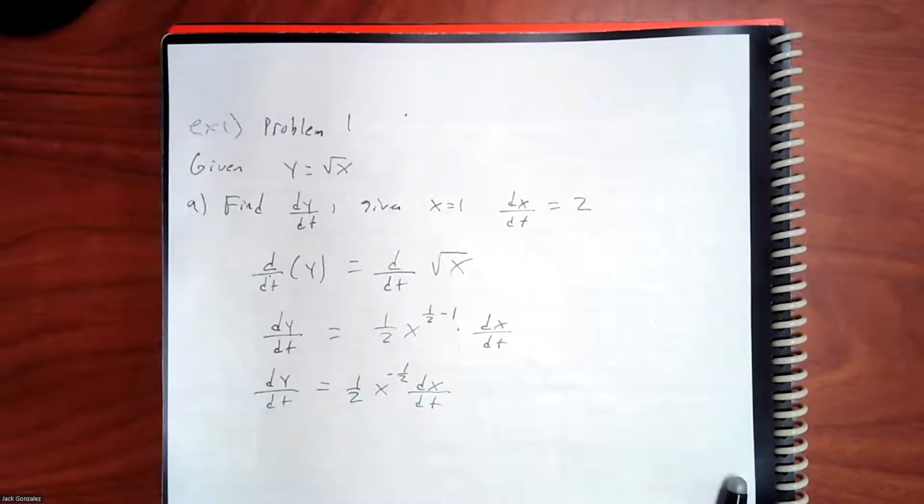So at this point, they want dy/dt, right? So just plug in the 1, plug in the 2, and that's it.